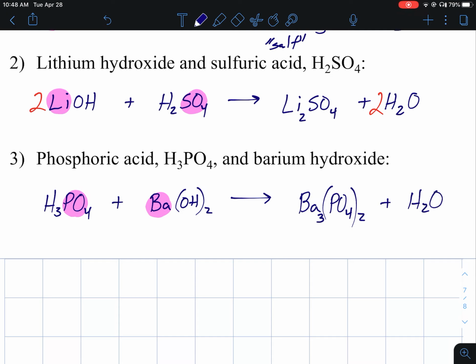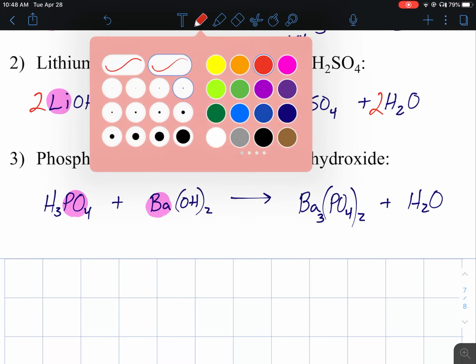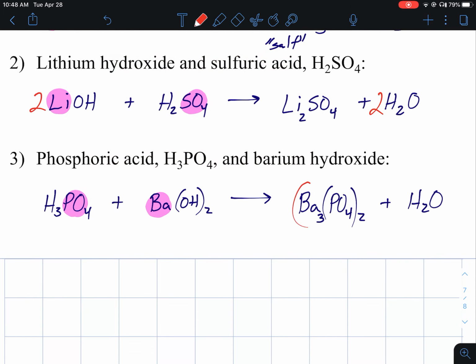Okay. And it's obvious that this is not balanced, so then we have to go through the process of balancing. I have 3 bariums on the right. I'll give myself 3 bariums on the left. I've got 2 phosphates on the right, so let's give myself 2 phosphates on the left. Okay, in terms of oxygens that are not tied up in the polyatomic ion, I've got 2 times 3. I've got 6 oxygens, right?